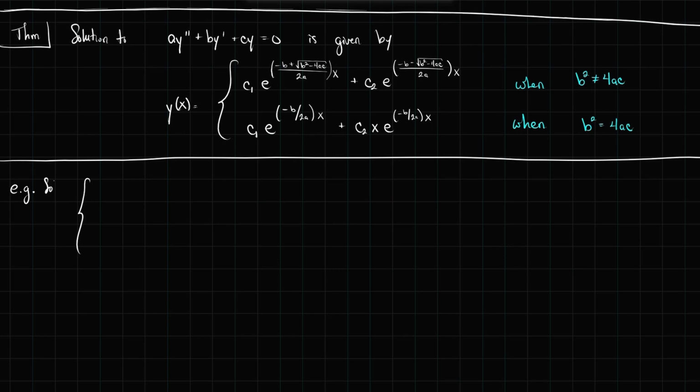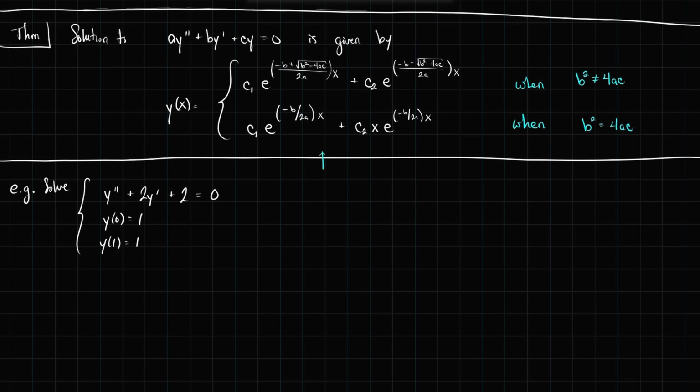So let's go ahead and solve y double prime plus 2y prime plus 2y equals 0, where y at spatial point 0 is equal to 1, and y at spatial point 1 is equal to 1. So let's see if we can find a solution here.